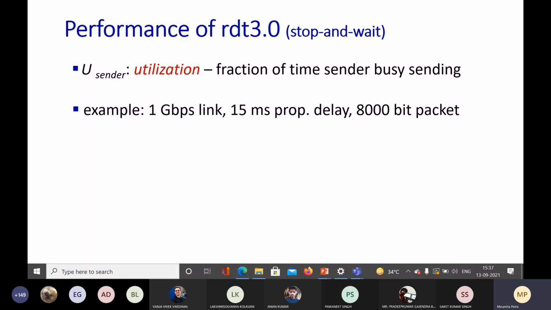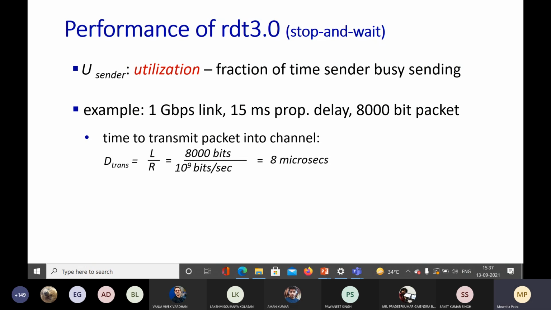Let's see an example. Suppose you have a 1 Gbps link capacity in your medium, 15 milliseconds of propagation delay, and the size of the packet is 8,000 bits. How do we find the time taken to transmit?